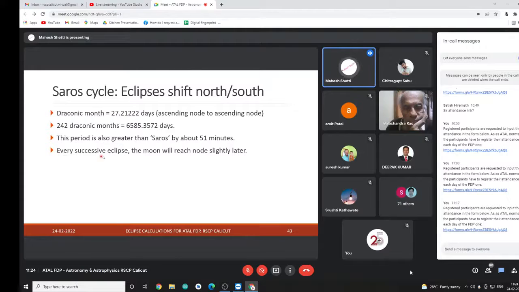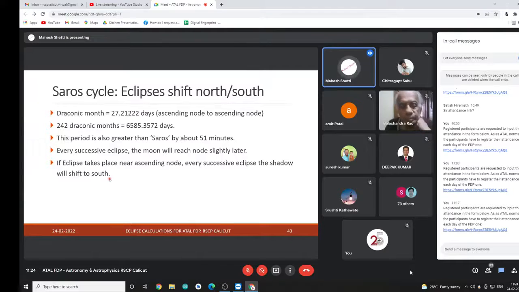What does it mean? Every successive eclipse, the moon will reach node slightly later. So if eclipse has taken place near ascending node, the successive eclipse, the shadow will shift to the south. Why will it shift to the south? Because the moon has not yet reached the ascending node at the next Saros, okay, it means it is still below equator or south of equator.